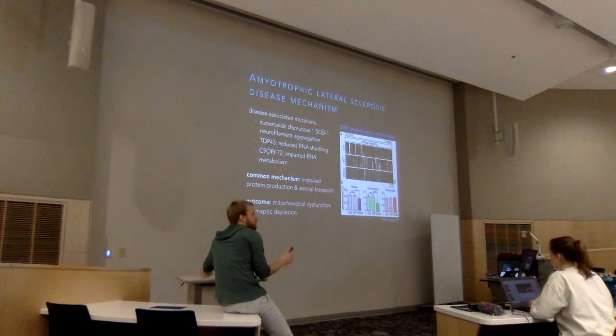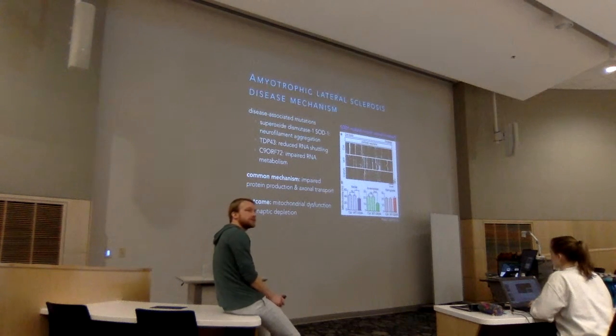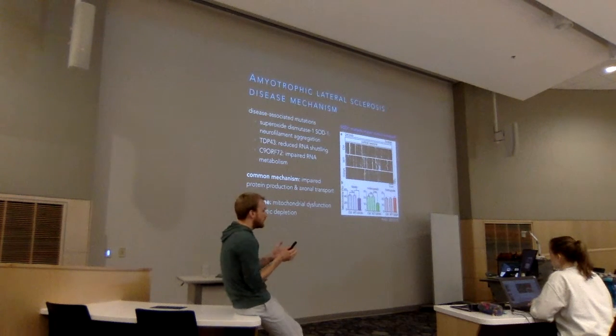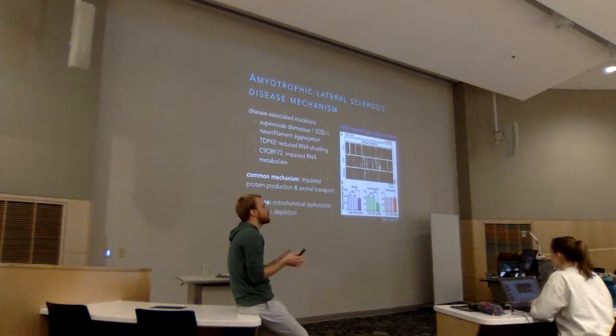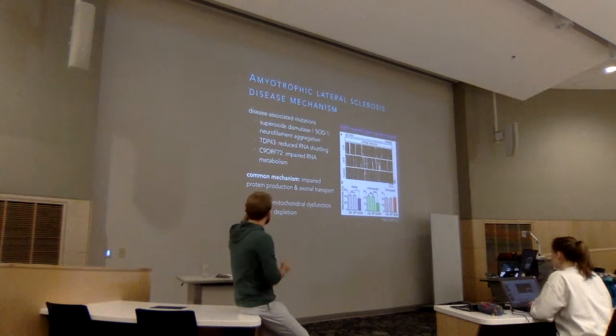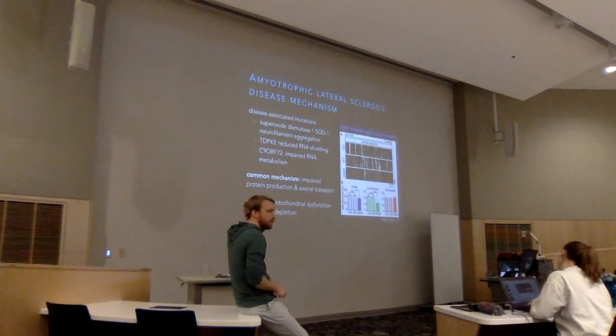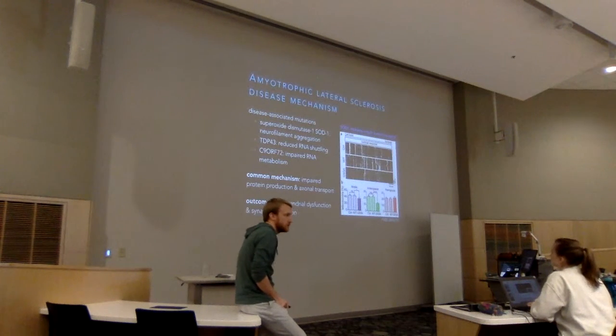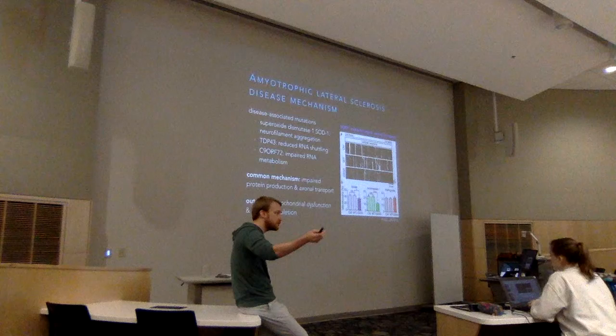When you look across all of the ALS-associated mutations, they all kind of center around improper production of protein and shuttling of that protein within the neuron. So with SOD1, we're seeing this impaired axonal transport. In other cases, PT536 is an RNA binding protein. It helps move RNA from the nucleus to the cytoplasm.